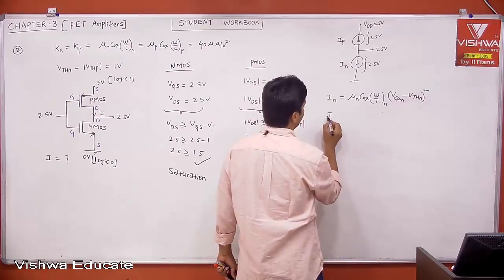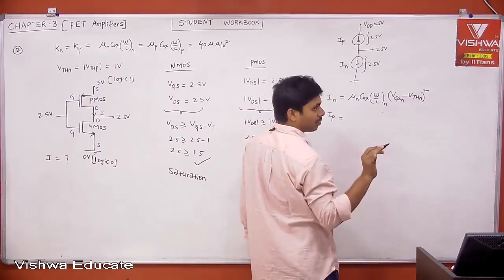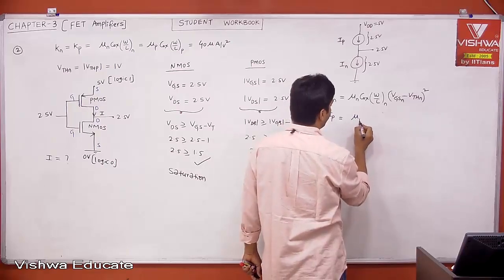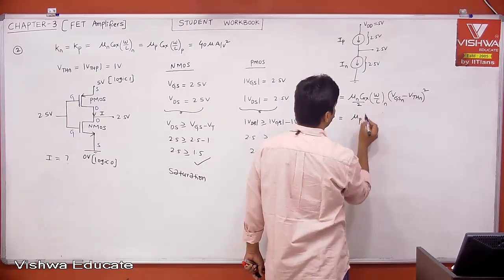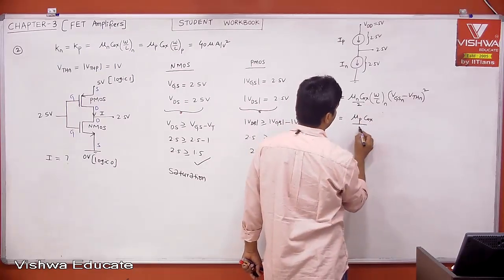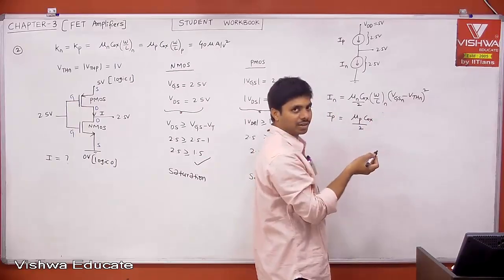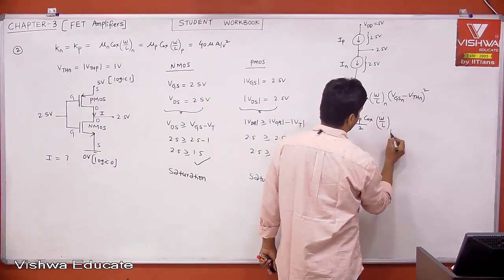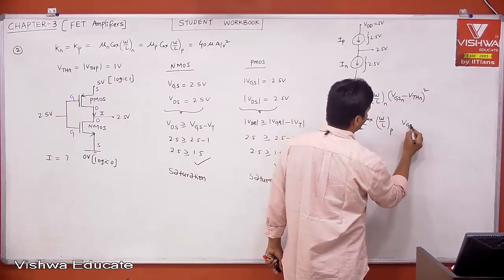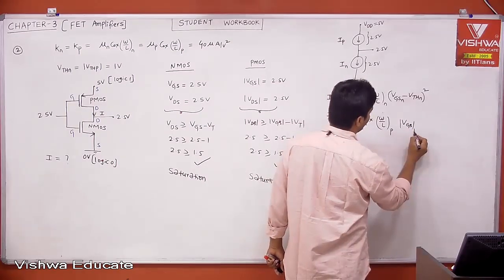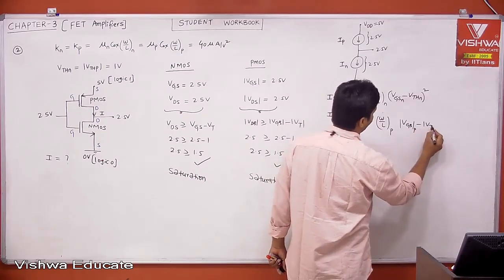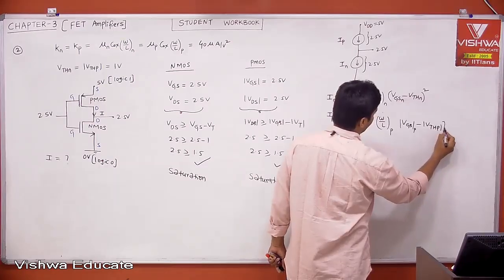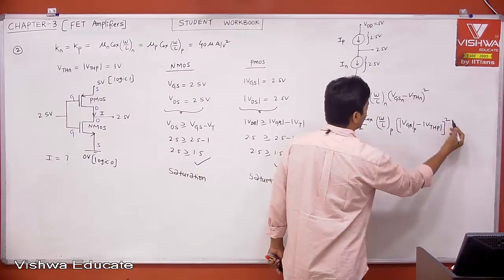Similarly, what is IP? IP is equal to, for your understanding I am writing, mu P Cox by 2, W by L of PMOS into mod VGS of PMOS minus mod VTH of PMOS whole square, right?